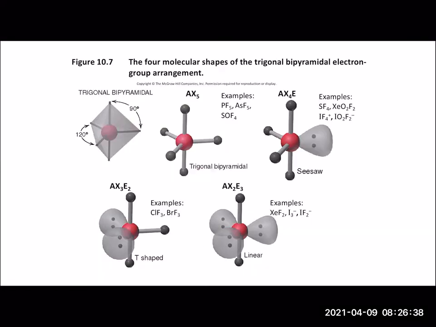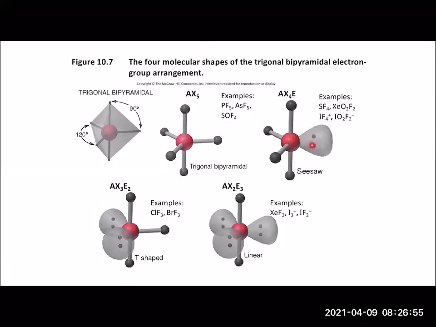And looking at our other ones where we have our expanded octet, we'd start with trigonal bipyramidal. If all 5 of those are atoms, could be PF5, AsF5, SOF4.